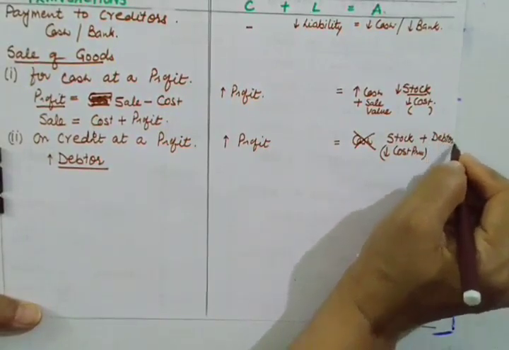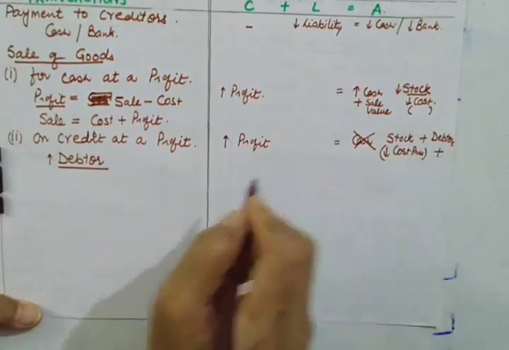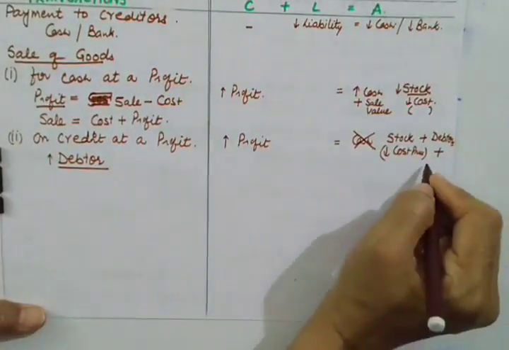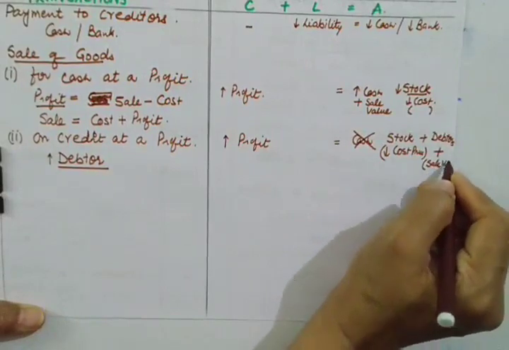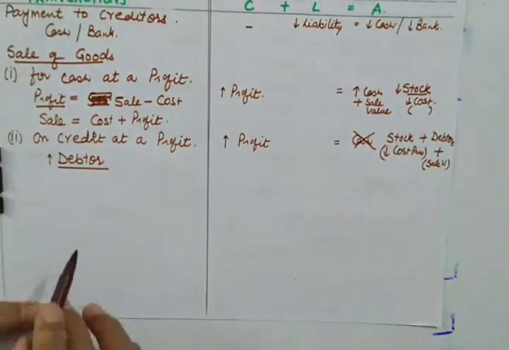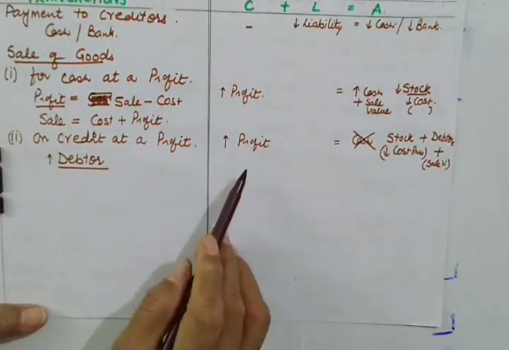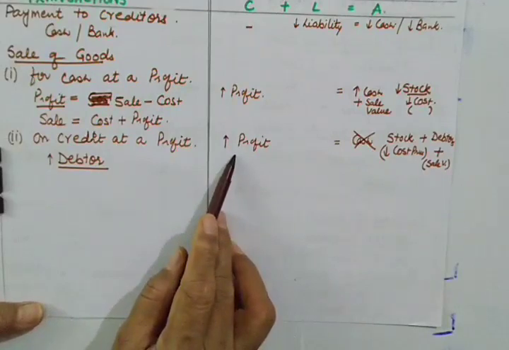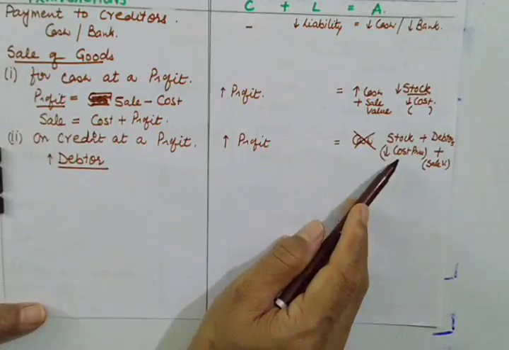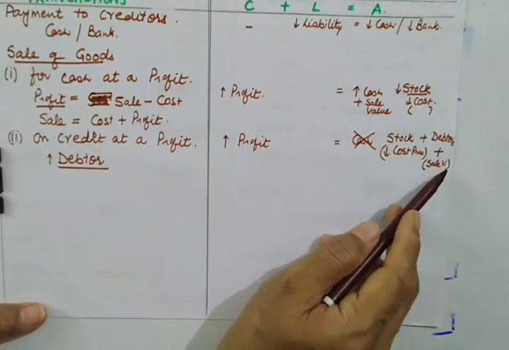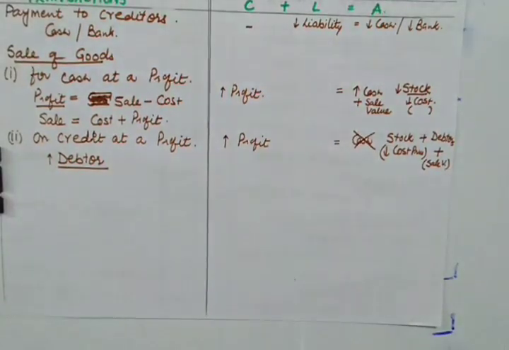The new item is debtors. Debtors will be added, and by what amount? With the sale value. So this will increase your capital with the profit amount, decrease your stock with the cost price, and increase your debtors with the sale value.